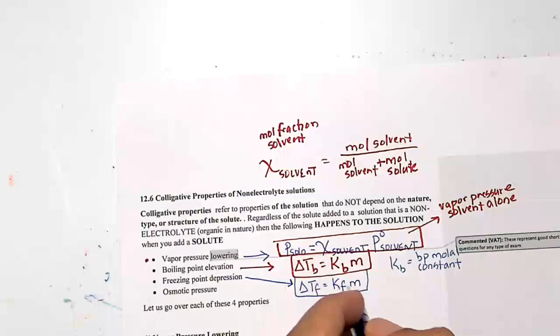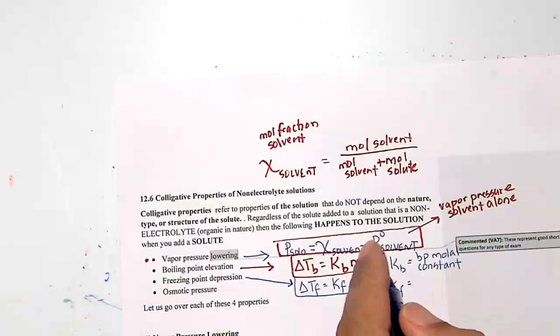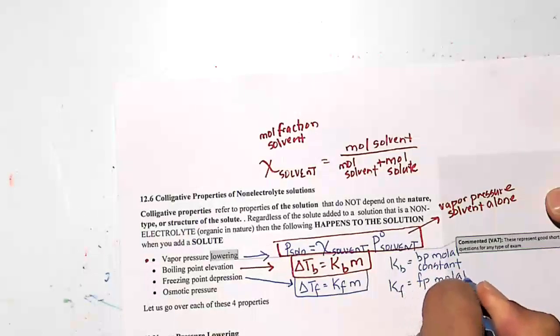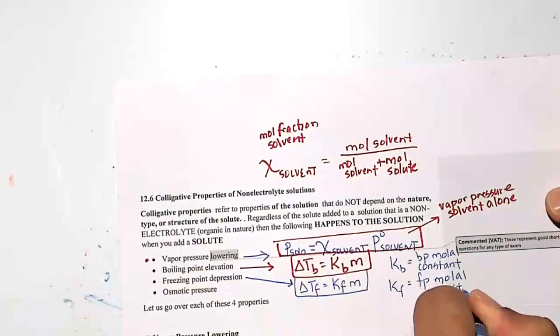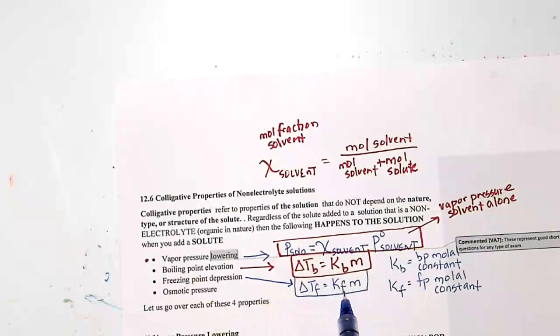The new freezing point will use KF, which is the freezing point molal constant. As I said before, all constants will be given. So you'll be given KF.